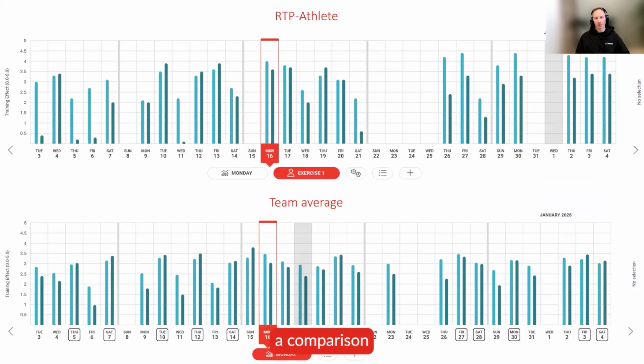Then we have a comparison about the training effects of the return to play athlete here at the top. And then we have the team average for the training effect underneath. And you can see that the return to play athlete was able to achieve quite similar training effects, although his training ability was decreased.